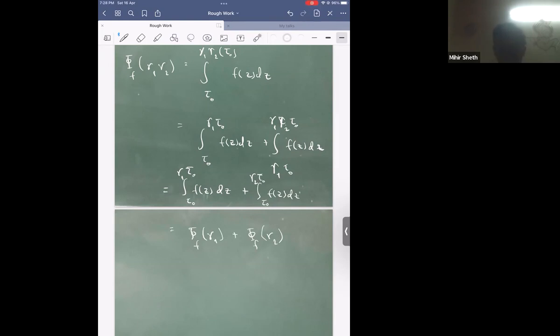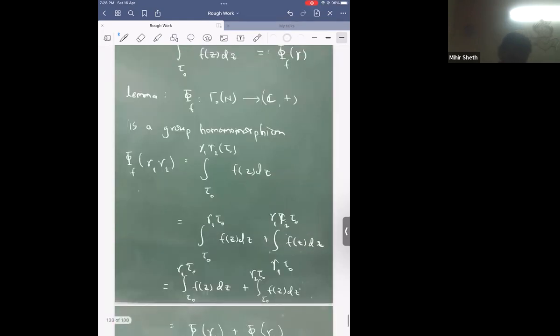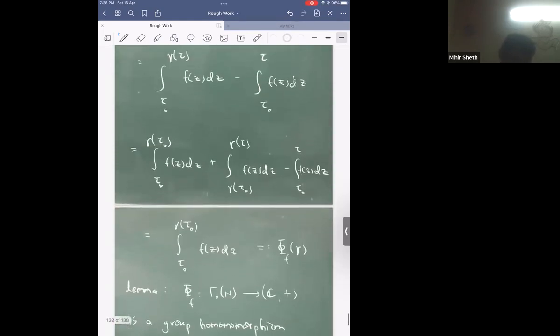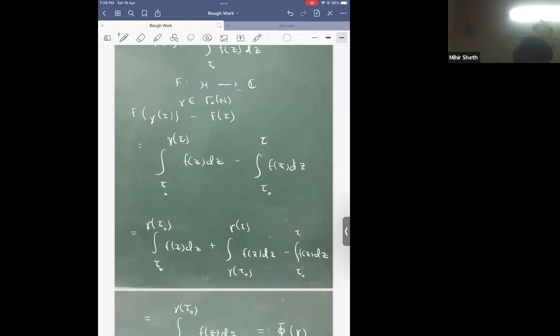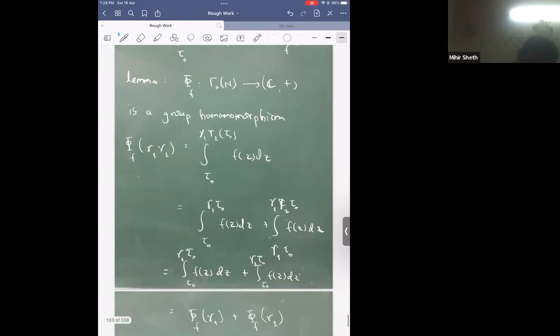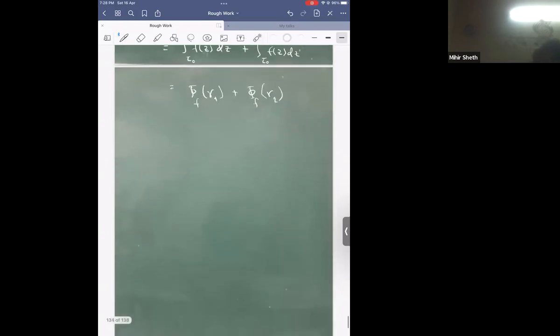Okay, so as a function of gamma, it's a group homomorphism. So the image is also a subgroup of C, of course.